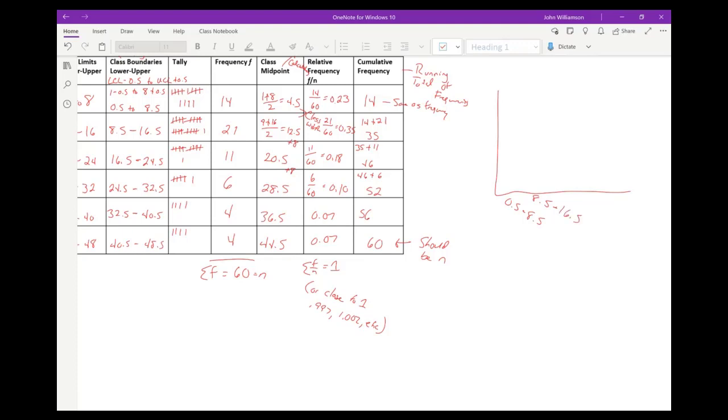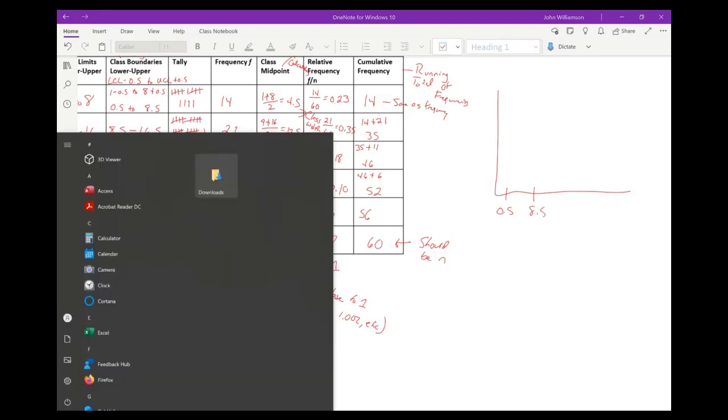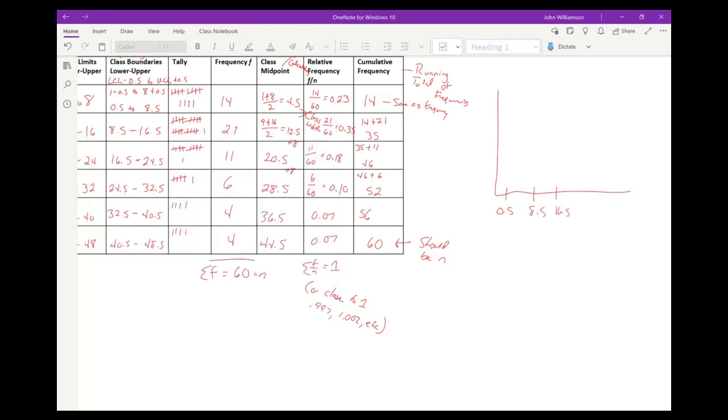Don't do that. We're going to use the boundaries, but think of it like the number line. So 0.5, 8.5, 16.5, and so on that way. Each number just shows up once. So it's just like a number line.